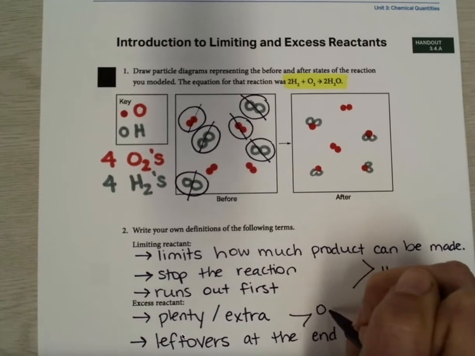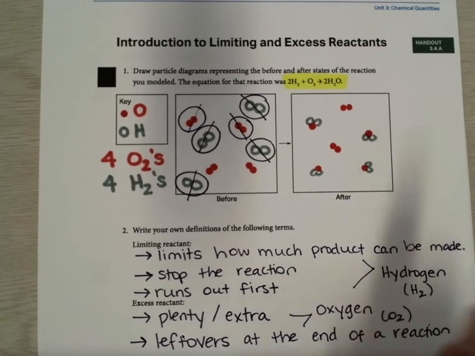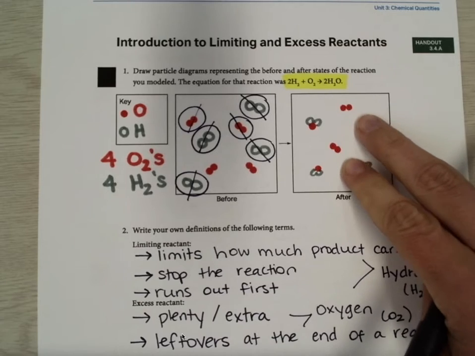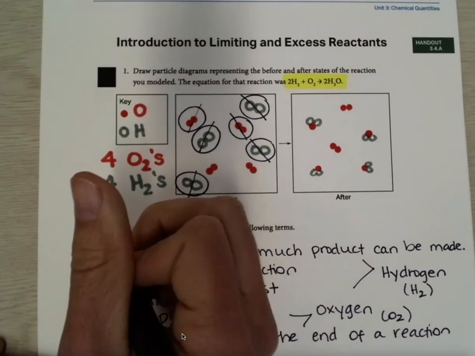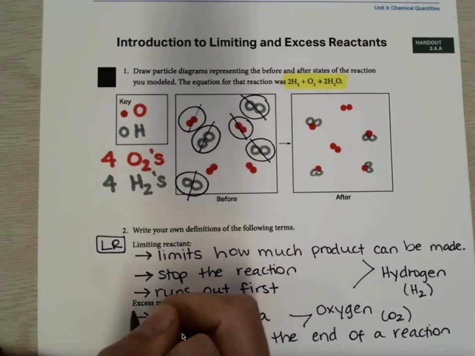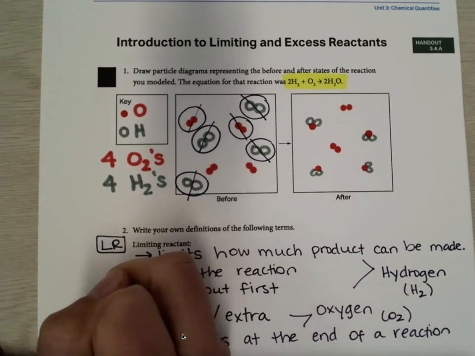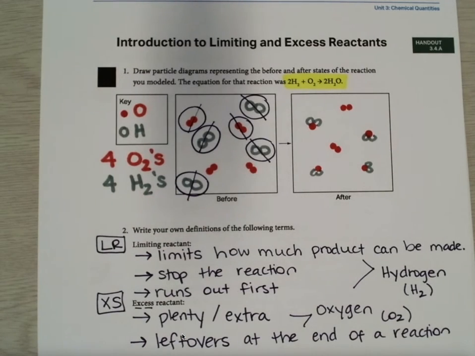These things apply to the oxygen. I have these 2 oxygens left over. If they're left over, that makes oxygen my excess reactant. Now, abbreviations that I'm going to continue to use, limiting reactant I just say is LR. Excess reactant I abbreviate as X and an S. Okay?